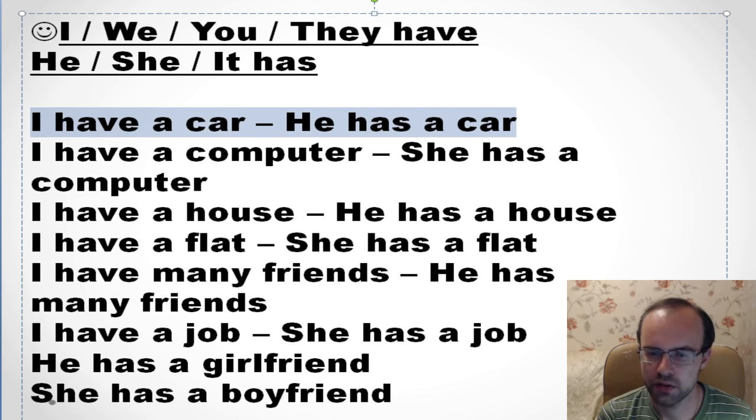I have a flat. She has a flat. I have many friends. He has many friends. I have a job. She has a job. He has a girlfriend. She has a boyfriend.